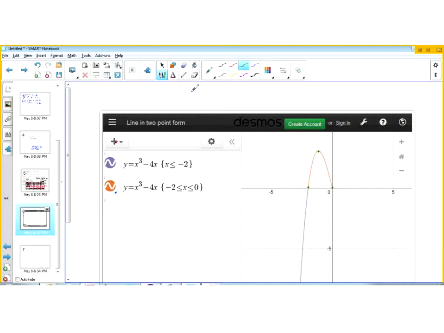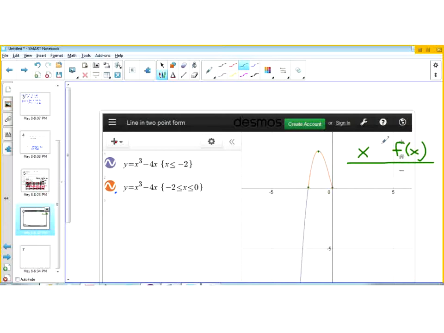The way we answer the question, for now at least, is we have to build a function table. We have to estimate the coordinates of this vertex right here, which is called a local maximum.